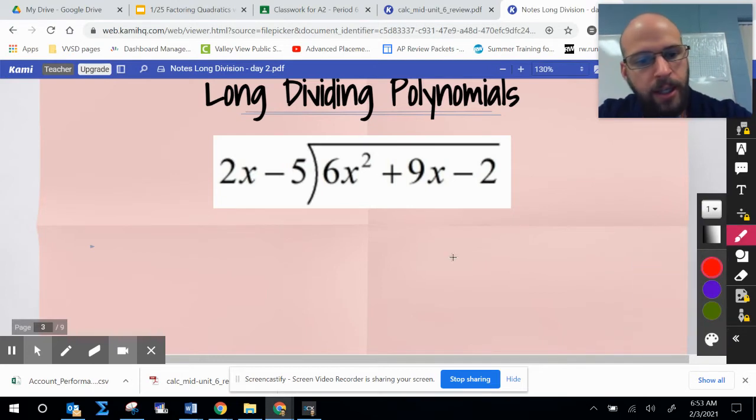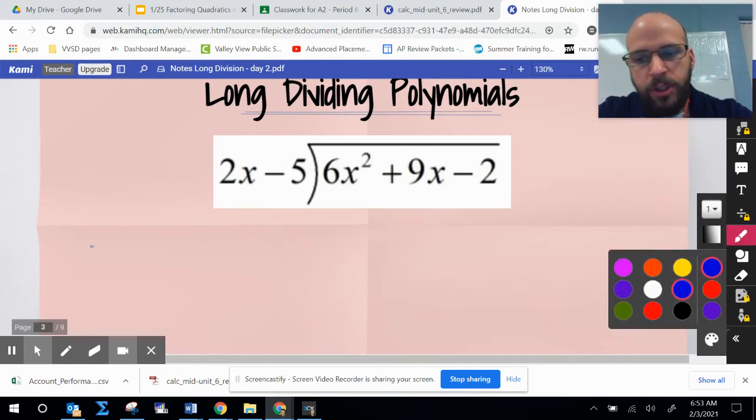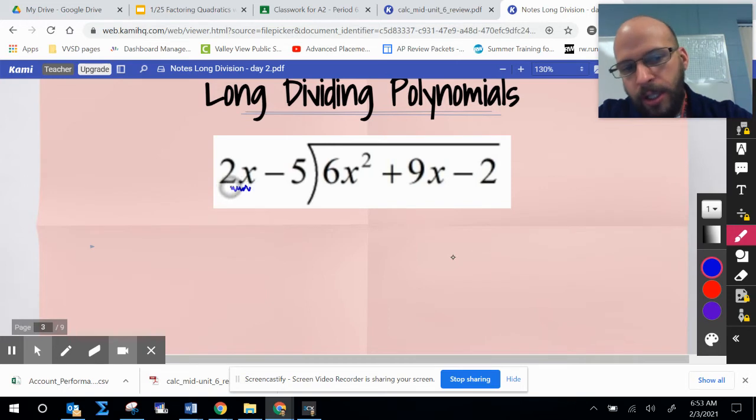I want to look at the first term of the expression on the outside, the divisor, and the first term of the expression on the inside, often referred to as the dividend.